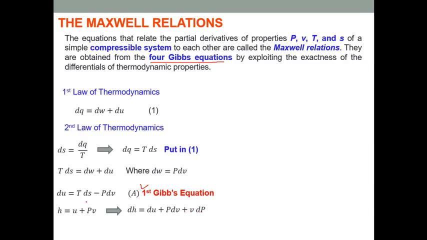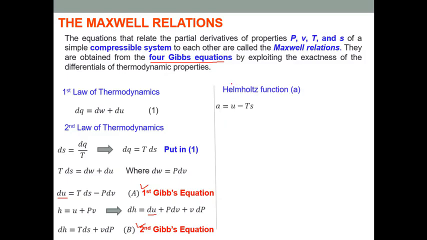Here we replace dU with the value from the first Gibbs equation, then dH will be equal to TdS plus VdP. So that's called the second Gibbs equation, right? The first Gibbs equation is in terms of dU, and the second Gibbs equation is in terms of dH.